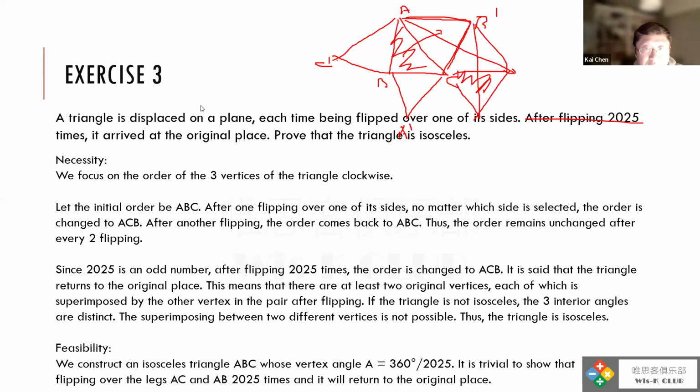Yeah. Perfectly. So that's asking the triangle itself is proof that the triangle is isosceles. It cannot be a triangle of a random shape, but it must be isosceles.